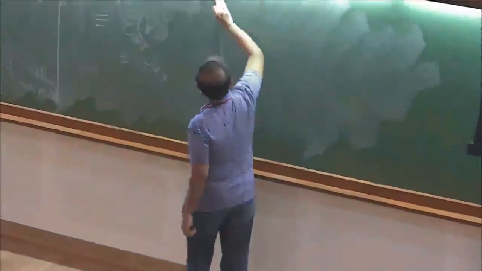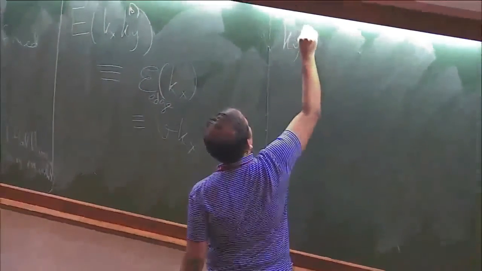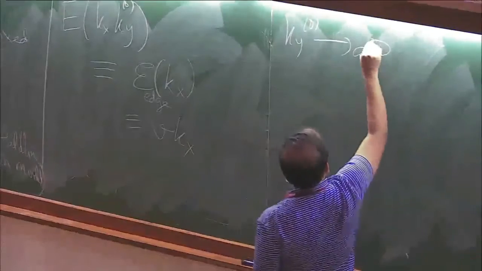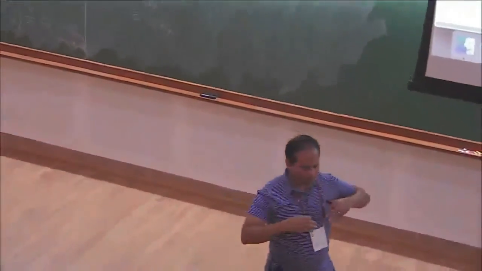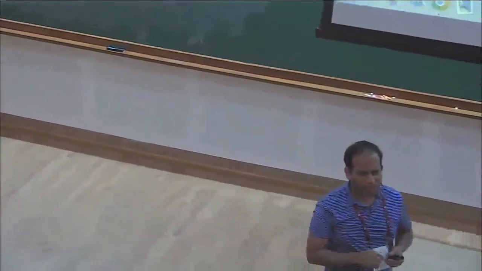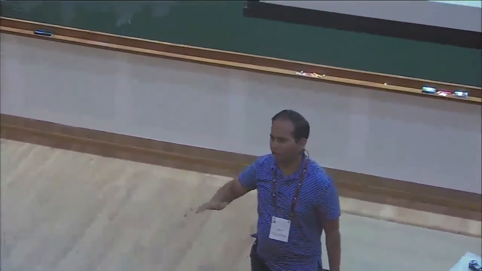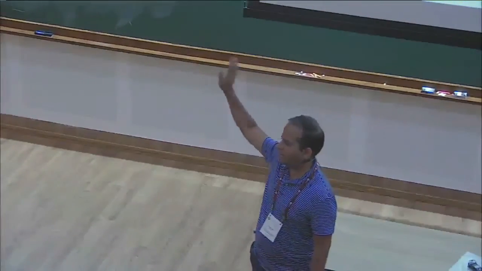If I make Ky0 go to infinity, if I make one of the momenta go to infinity, at that point I should literally empty out the band structure. I'm going to very high momenta.